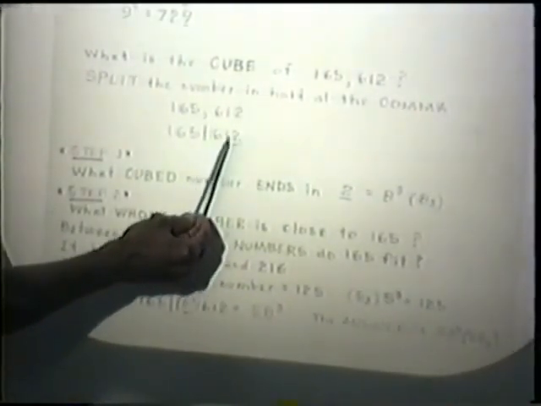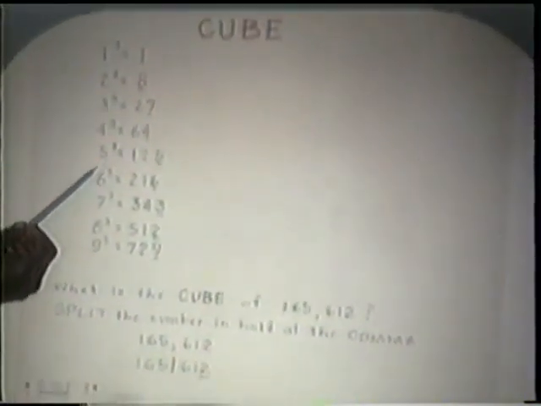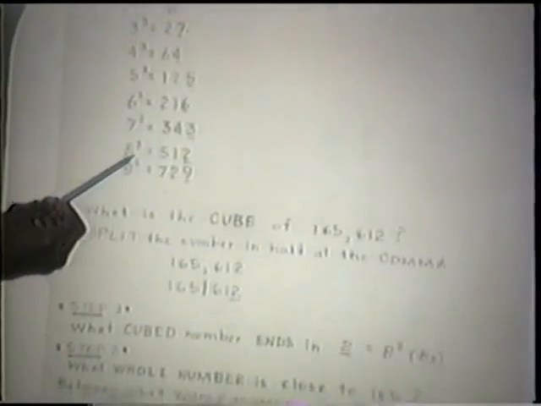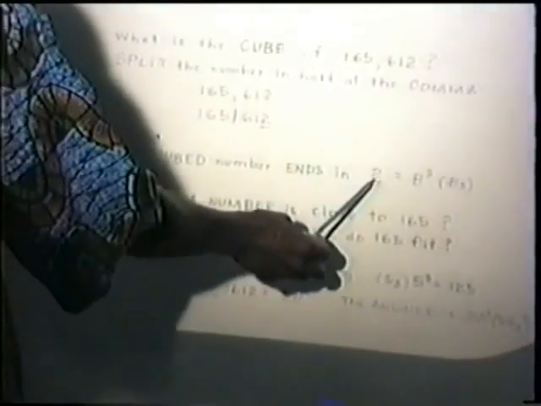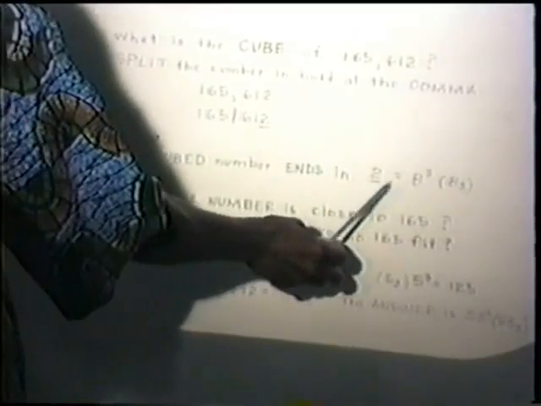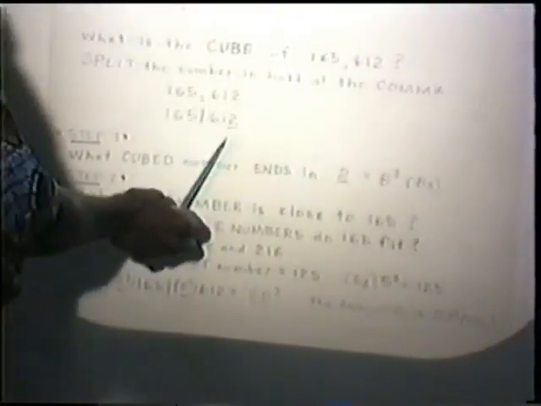Of the 612, you got to look up here at your cubes and find out which one of these numbers ends in 2. Is it 5 cubed, 6 cubed, 7 cubed, or 8 cubed? It's 8 cubed. It ends in 2. So we know right away from this number, 612, ending in 2, that 8 is part of our answer. 8 goes here.